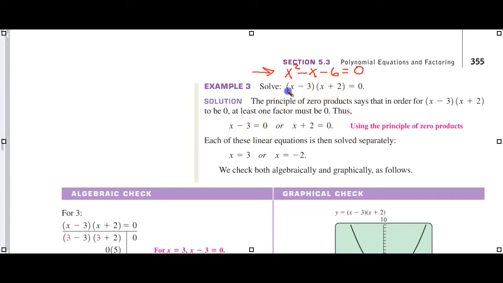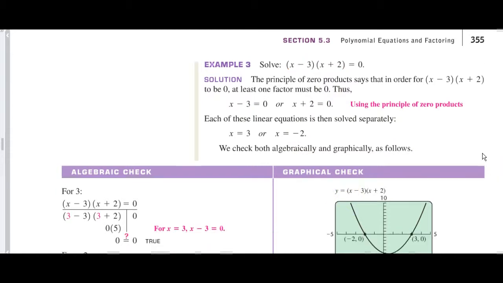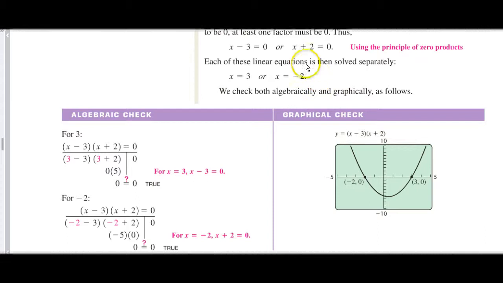We then say take this, equal it to 0, or that, equal it to 0, and we get, when we transpose that, a positive 3. Transposing that, we get a negative 2. Now, if we look at the graph down below, we see if we were to graph that original trinomial, it would make a parabola that looks like this.